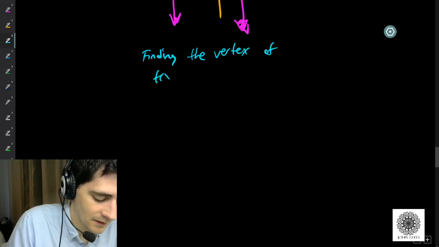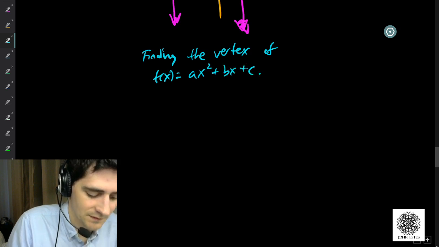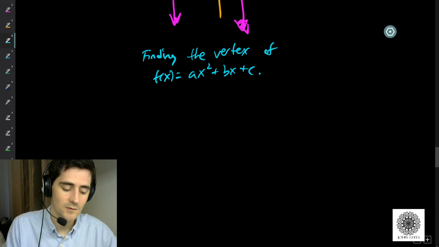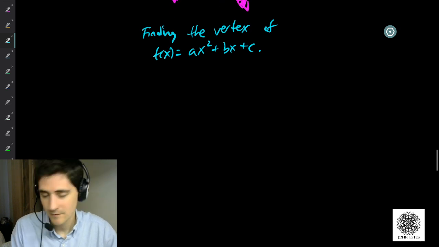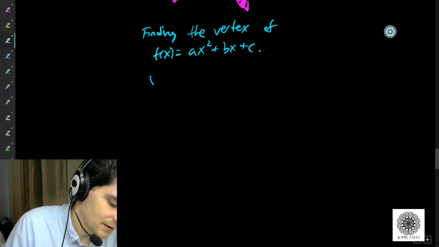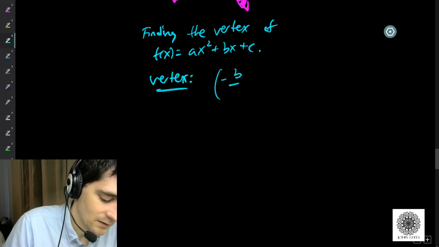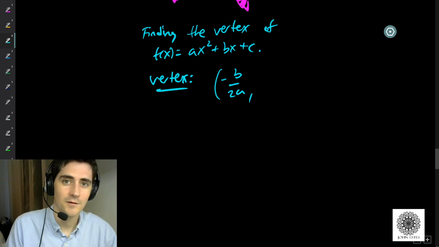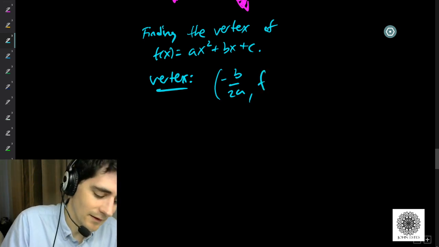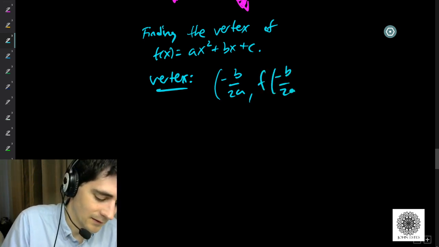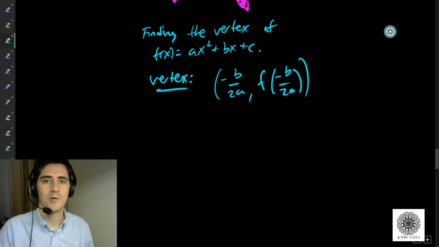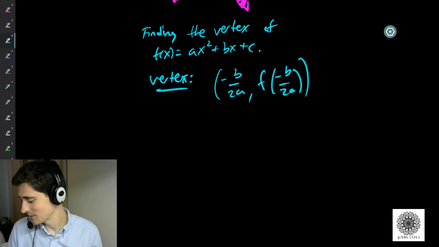If you have f of x equals ax squared plus bx plus c, so if you don't want to complete the square and you still want to find the vertex, you can do that. The vertex is going to be like this. Negative b over 2a, that's your x-coordinate. Your y-coordinate is f of negative b over 2a. So you take the x-coordinate, plug it in to get your y-coordinate, which makes sense.